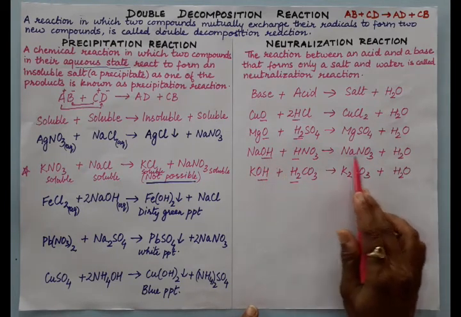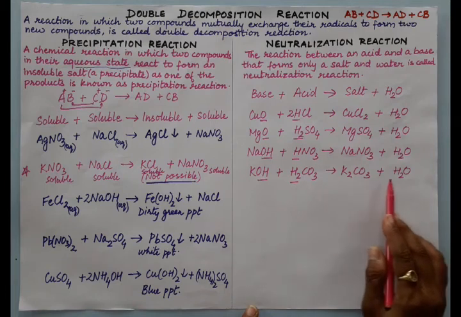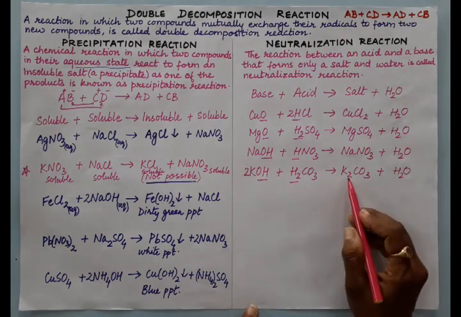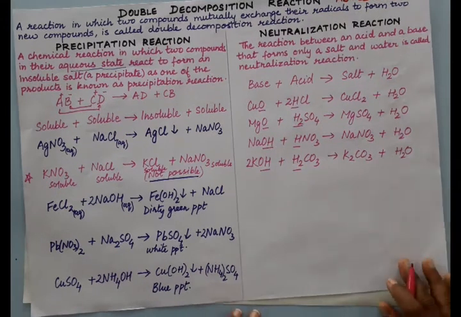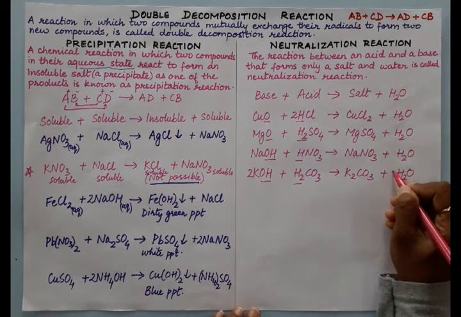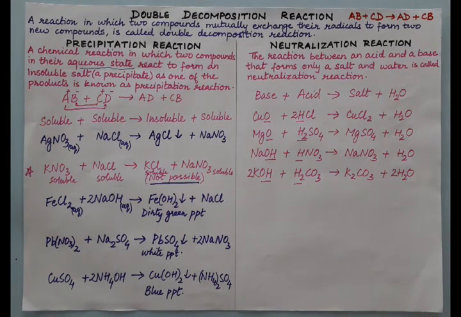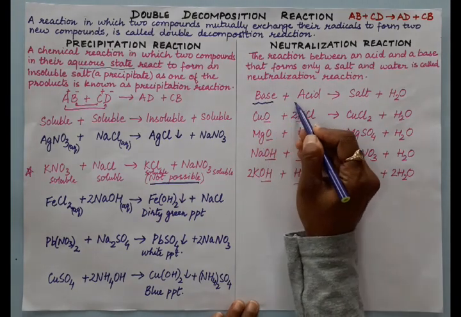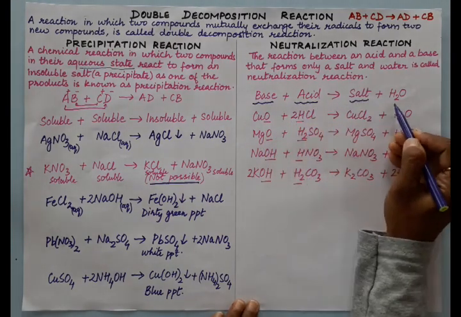Now this reaction with H2 carbonate: K2, put 2 over here, K is balanced. Hydrogen is 4, so put 2 over here. Now it is balanced. So this is base plus acid gives salt plus water. This is the rule we must always remember for neutralization reaction.